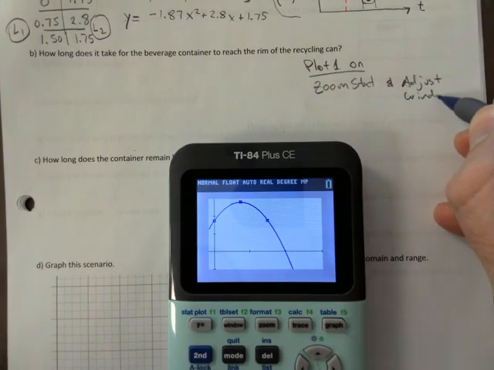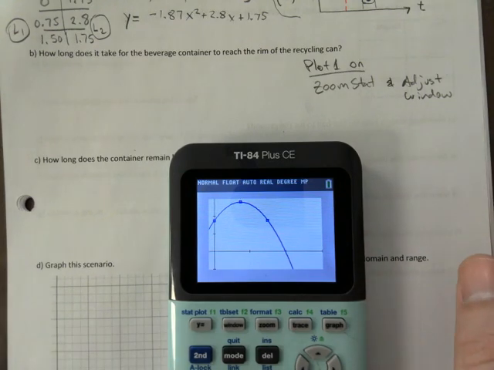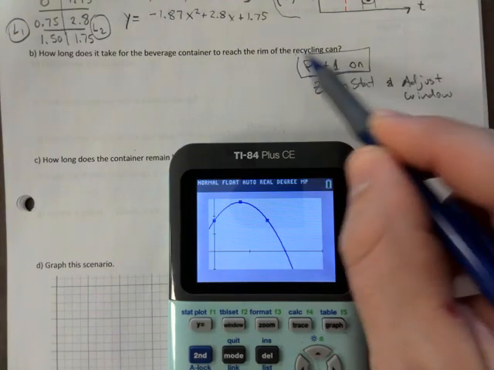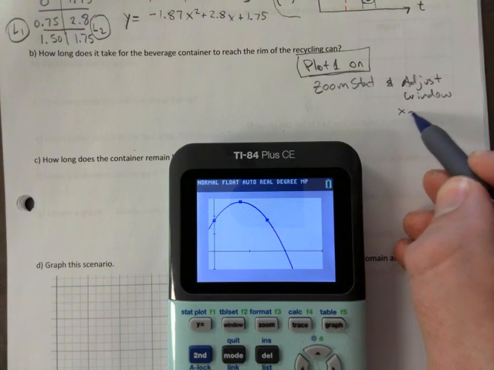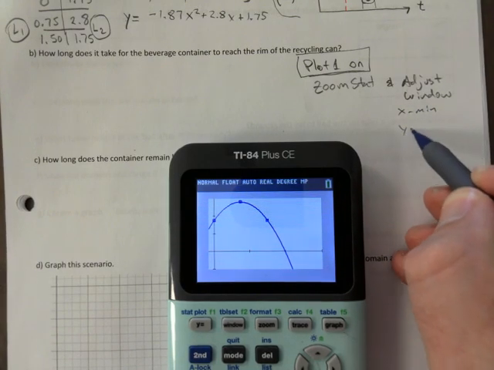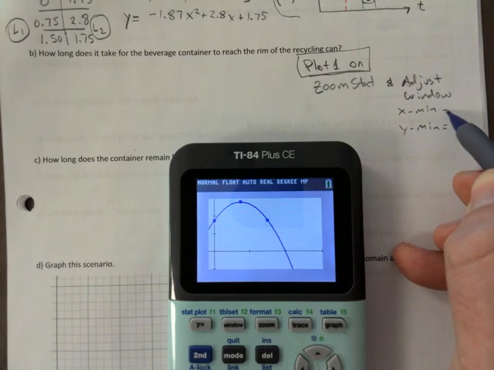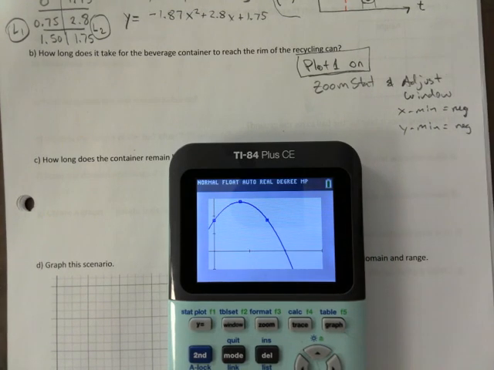Maybe write this down, because especially when it's time for exam review, some of you will have forgotten these things, right? So plot 1 has to be turned on, and you can use zoom stat and adjust your window. X-min, Y-min should be negative. Not by much, but I would put a negative in there.